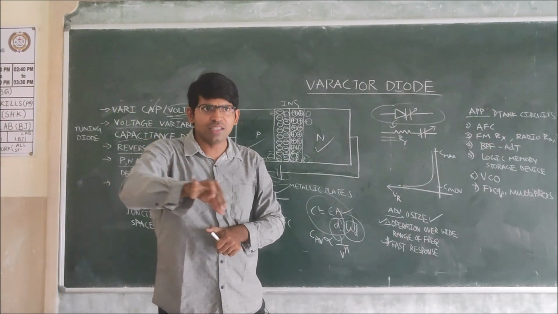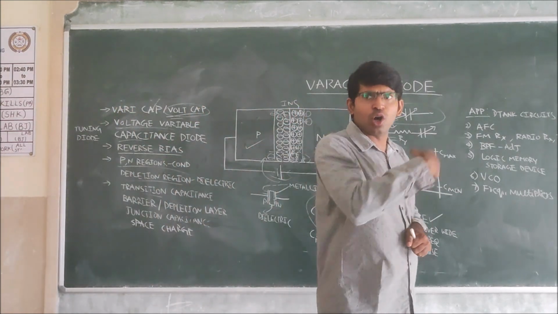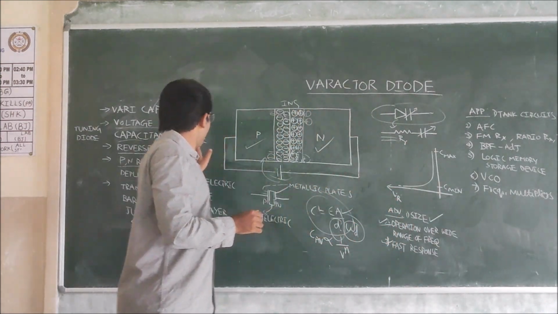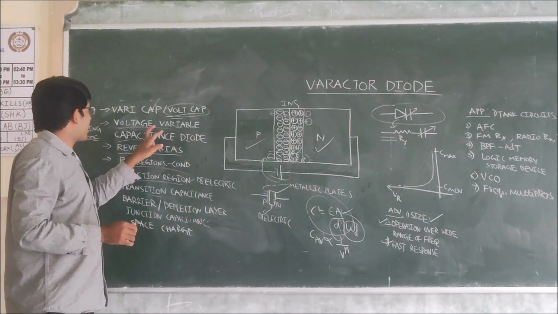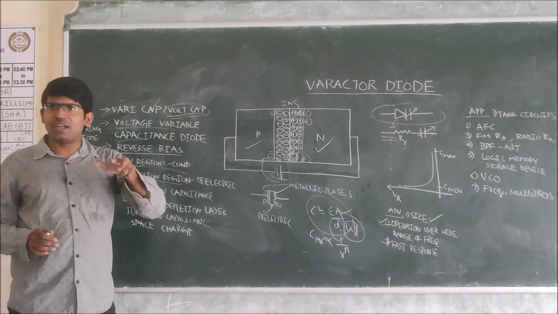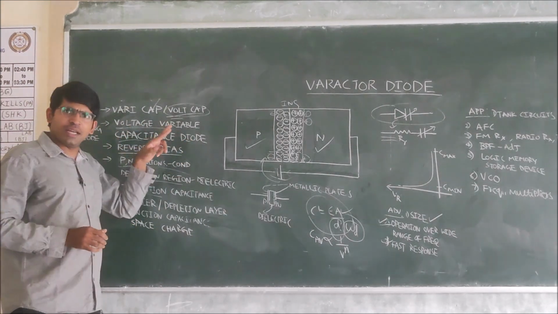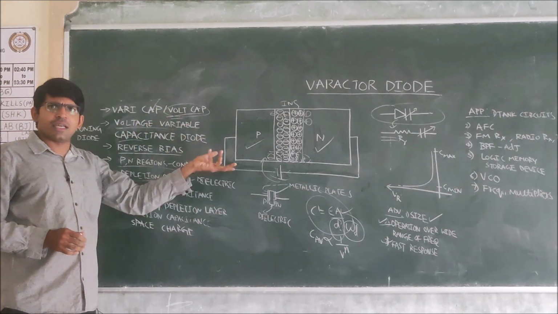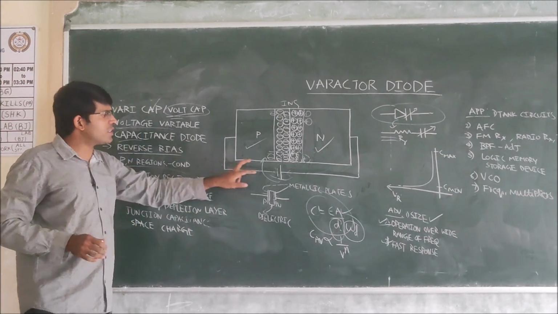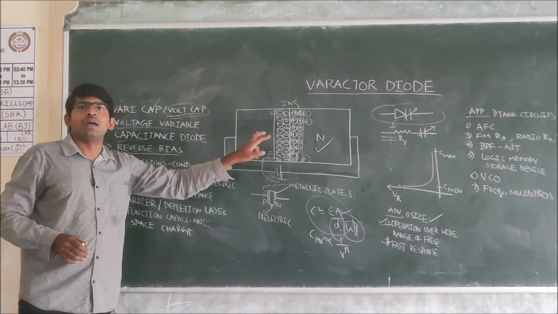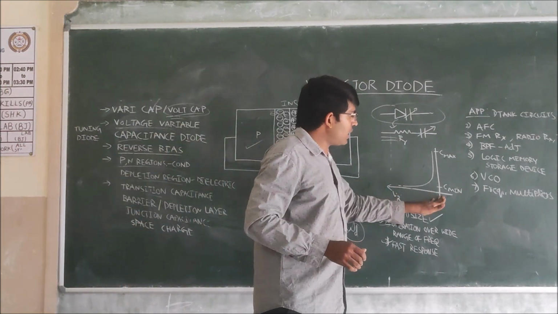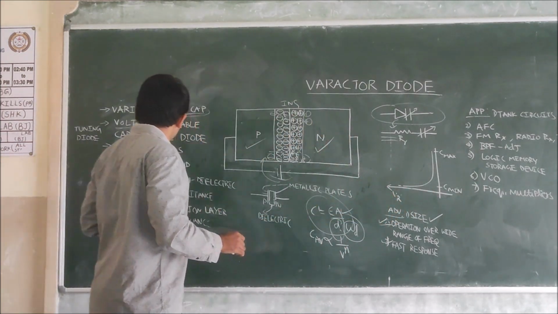With the variance of the voltage, you are varying the capacitance. That's why it is called a voltage variable capacitance diode. It is also called a tuning diode, and because it is a capacitor, you can even call it a tuning capacitor. It should always be connected in reverse bias. That's why we have shown even the voltage in the second quadrant.